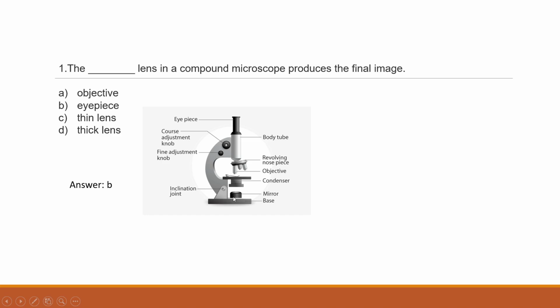At the base you have a mirror, and this is where you'll get the light from. You can angle the light source using the mirror, and mostly the light for this kind of microscope is natural light, so you will adjust the light using the mirror. After that you have a condenser which will direct your light to your sample.